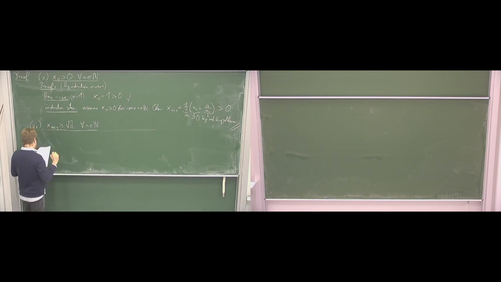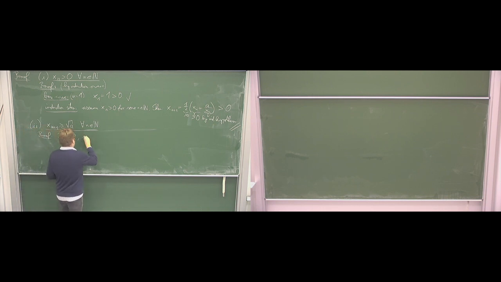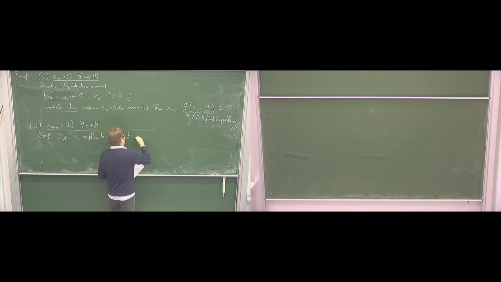Here we don't need induction, because we can now use part 1. Namely, by 1, since we know it's already positive, it suffices to show that the square of xn plus 1 is bigger than or equal to a.